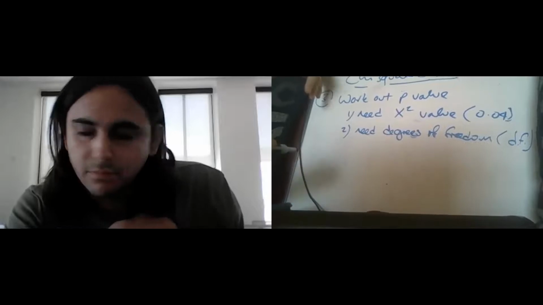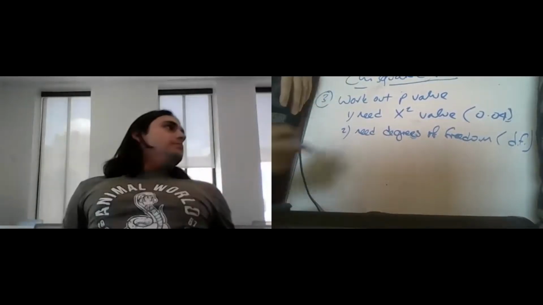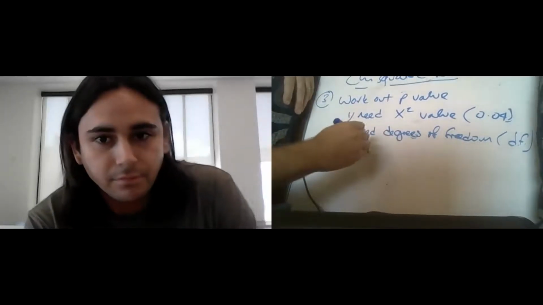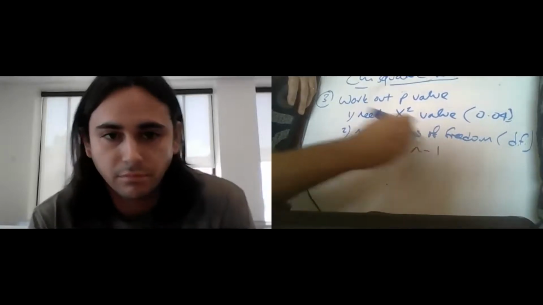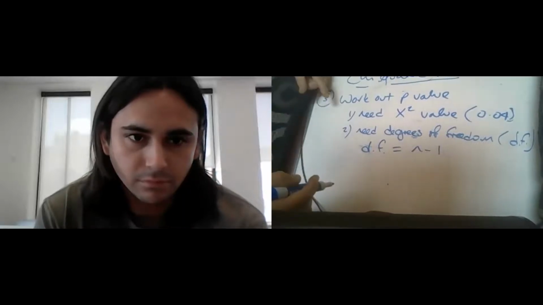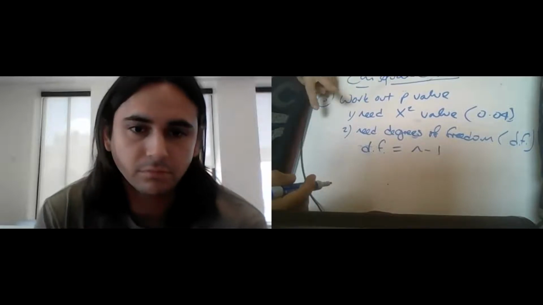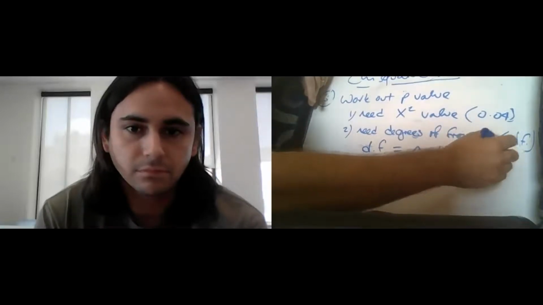And that's to take into account how many different conditions we have. And df equals n minus 1. So in this case, we've got 2 different conditions, tails or heads. So it's 2 minus 1 equals 1.